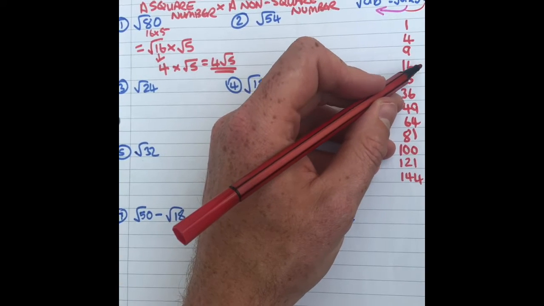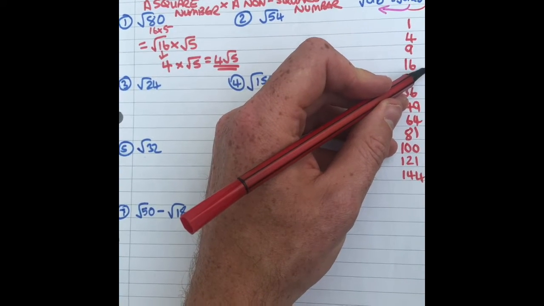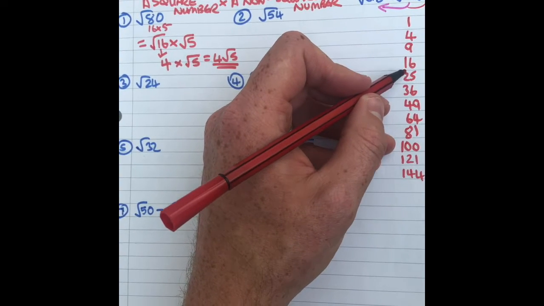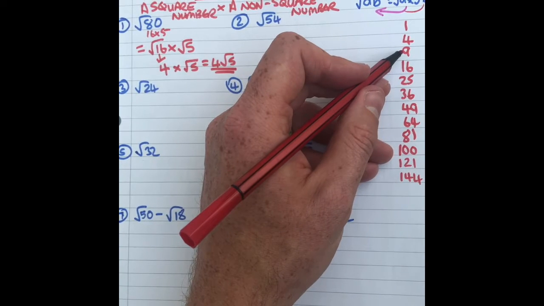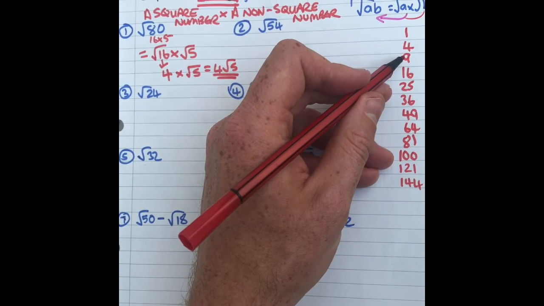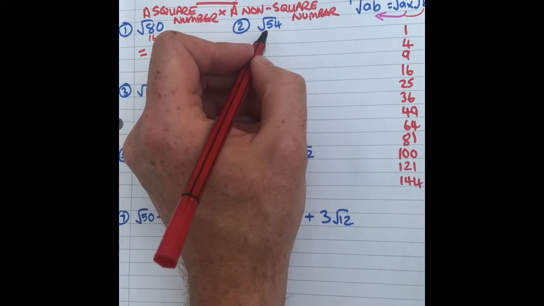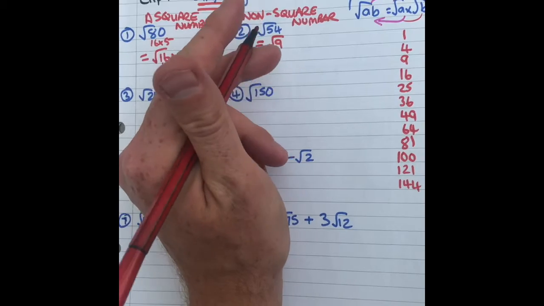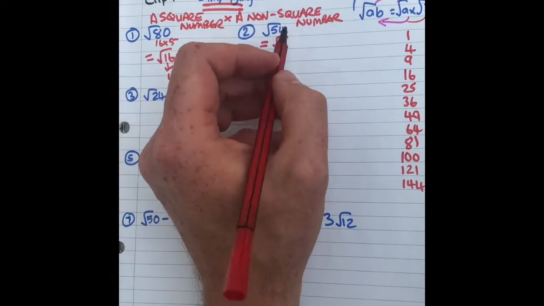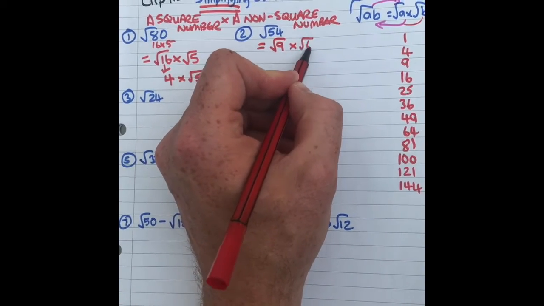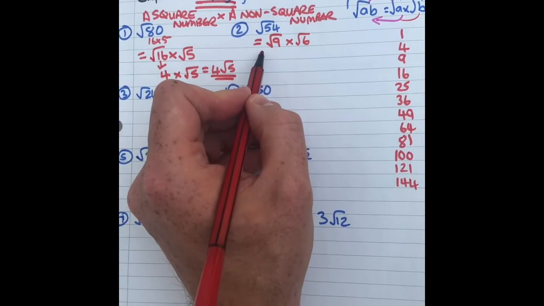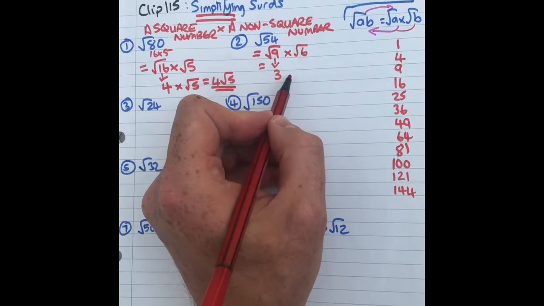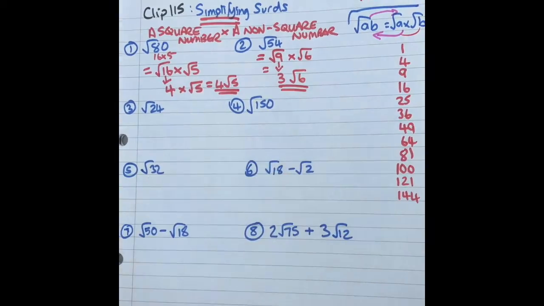Well, 16 times 4 goes in. 16, 32, 64 doesn't go in. 36, no. 9 goes in. So what would that be? 9, 18, 27, 36, 45, 54, so 6. So split it up with root 9, root 6. Root 9 we know is 3, so the answer is 3 root 6.